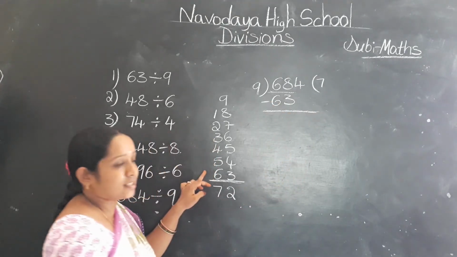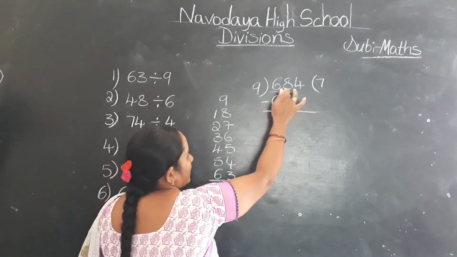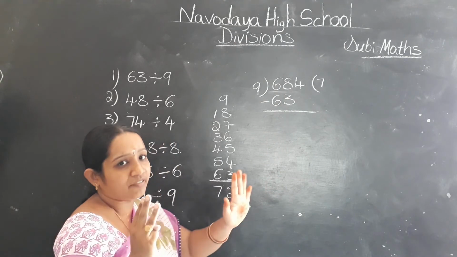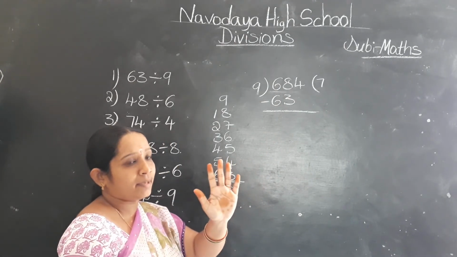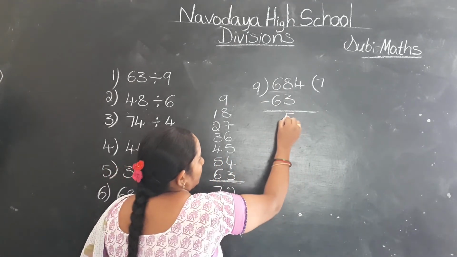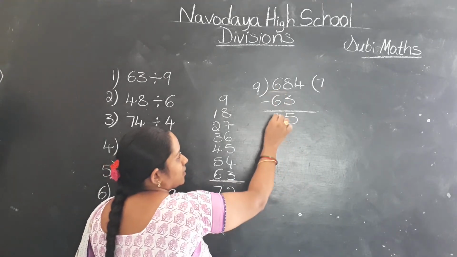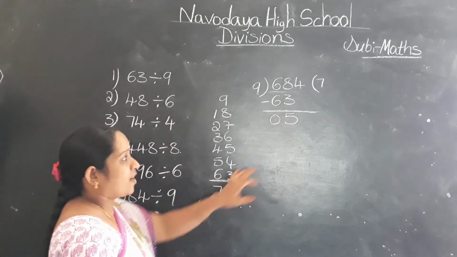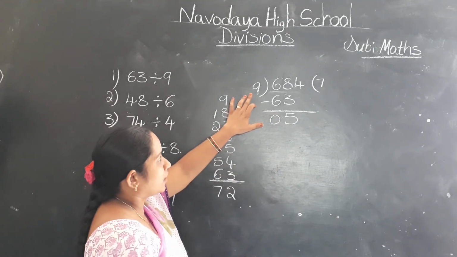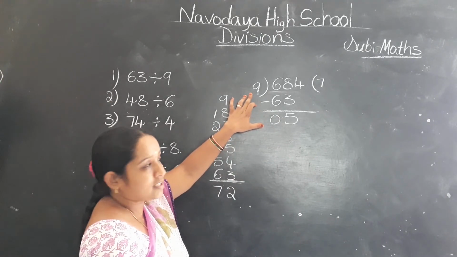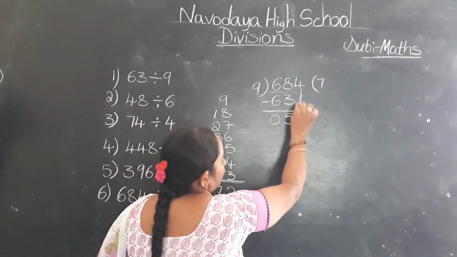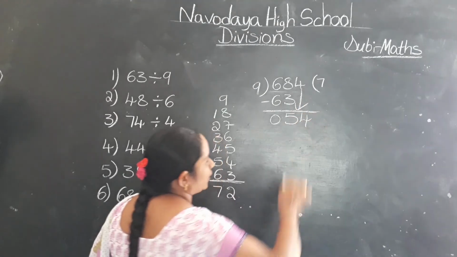68 minus 63. 8 minus 3. How much? Take 8 fingers, cut off 3. How many remaining? 5. 6 minus 6? 0. So 5 is lesser than 9. That is not possible to do division. That's why write down 4. 54.